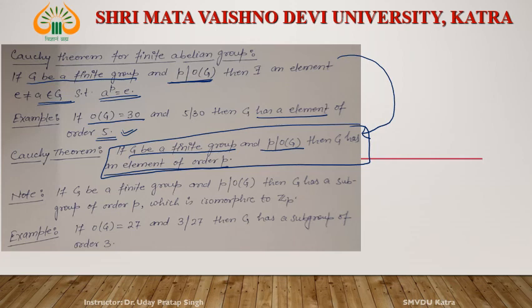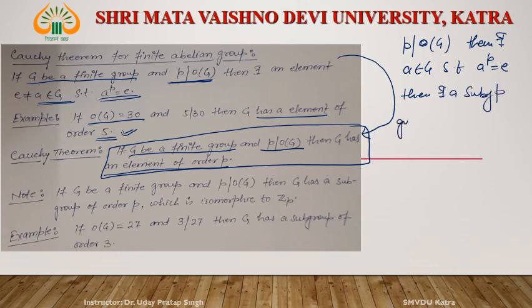Now see, if G is a finite group and P divides the order of G, then G has a subgroup of order P. Why? If P divides the order of G, then there exists A belongs to G such that A to the power P is identity, then there exists a subgroup generated by A. What is that?